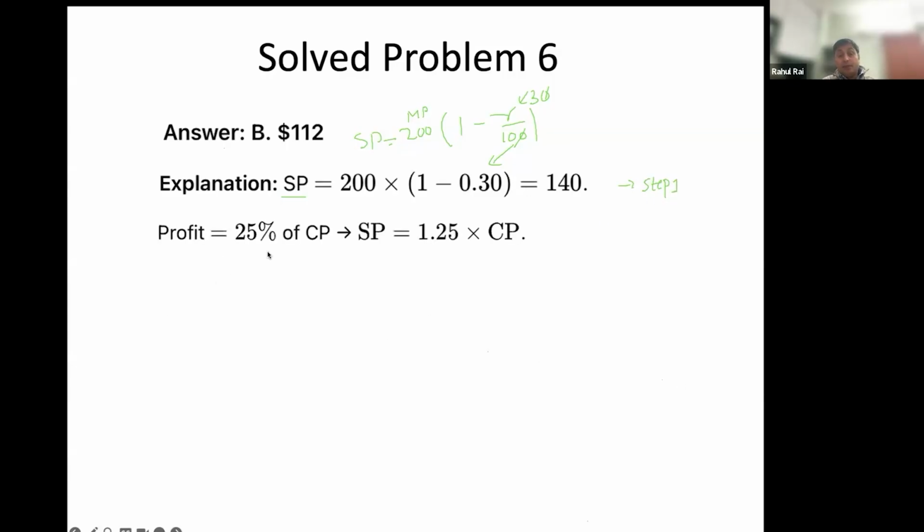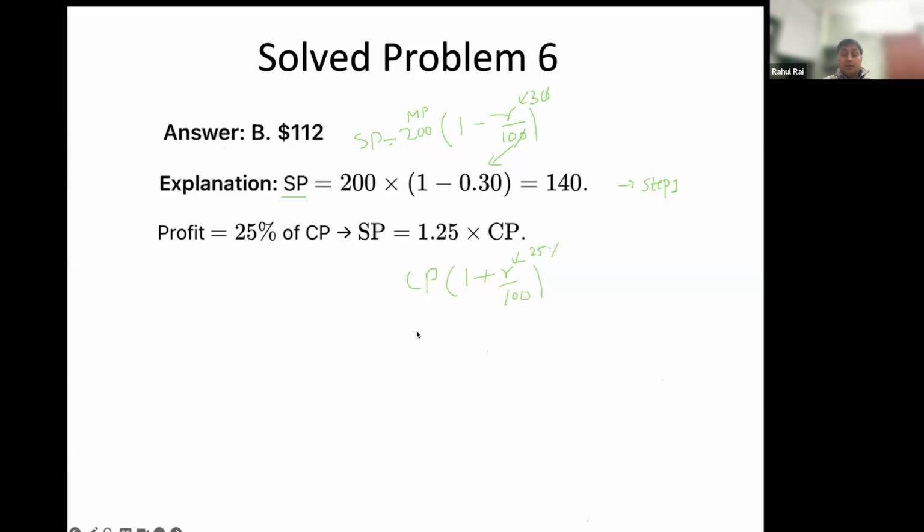Okay, so there is a 25% profit on the cost price. So for the sales price, we will be using this equation. In the cost price, we have to add the profit, right? So in this setting, we'll be using this equation, but the value of R here is going to be 25%.